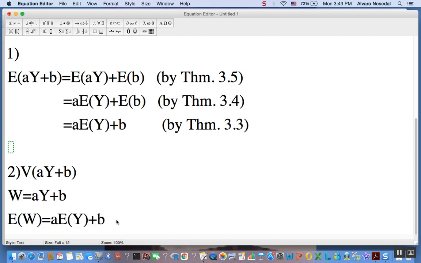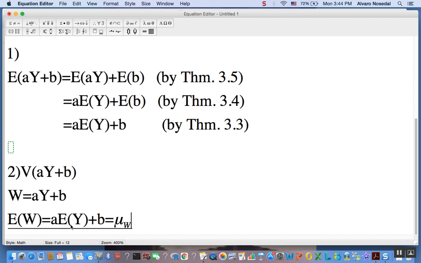Now, let me use the mu notation, mu, and a subscript, so we know that we are referring to this new random variable, w, which is equal to a times y plus b. So this is the mean of w.